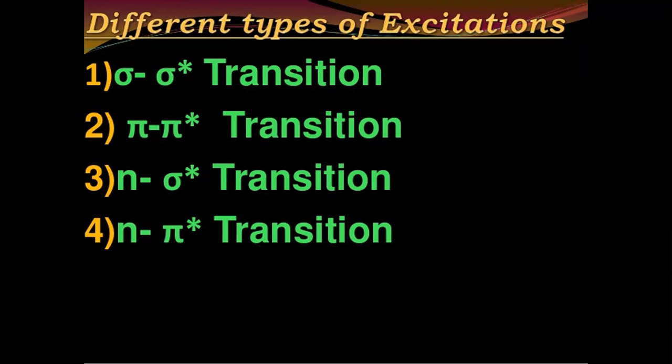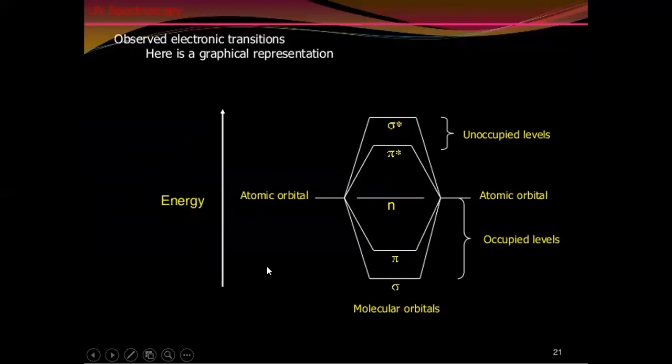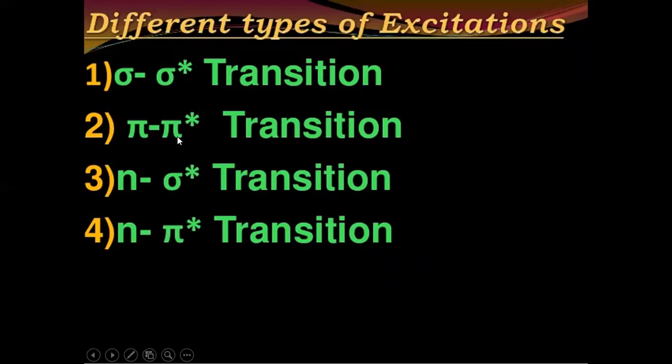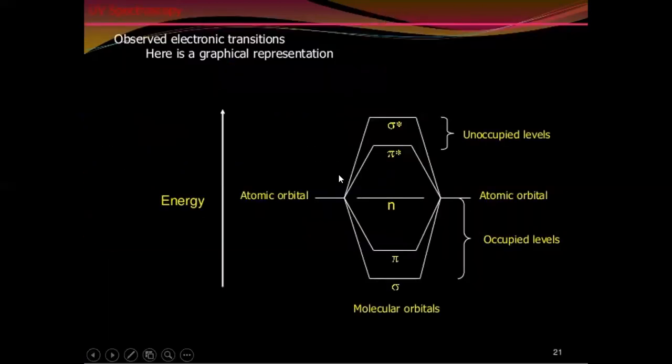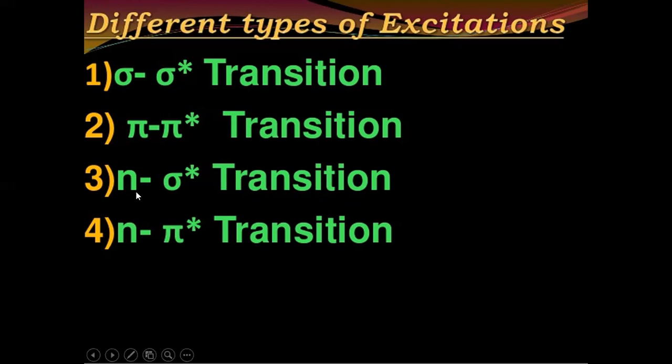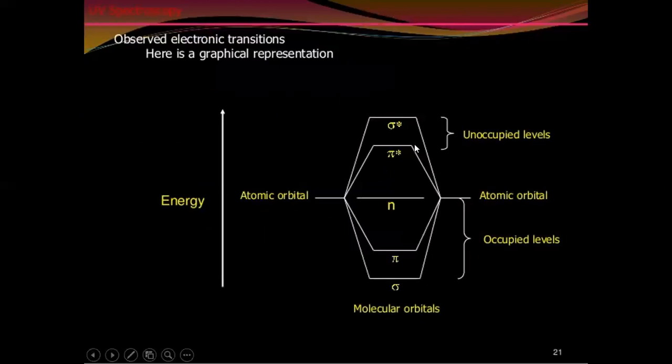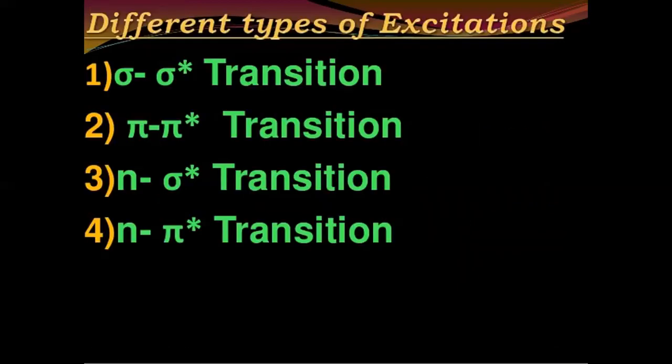The possible transitions are: sigma to sigma star transition, pi to pi star transition, n to sigma star transition, and n to pi star transition.